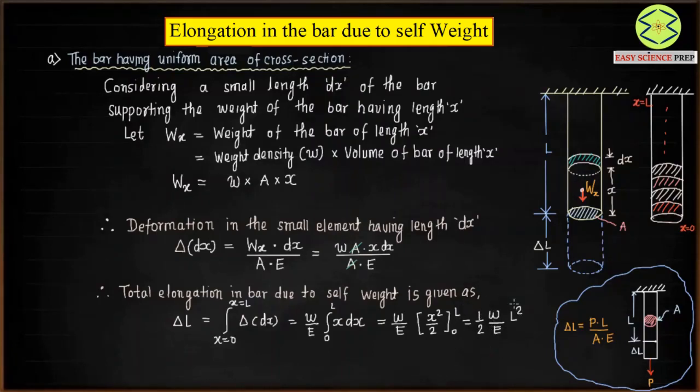Right, now there is a small modification we can do: we can divide and multiply the numerator and denominator by area, because area is required here.